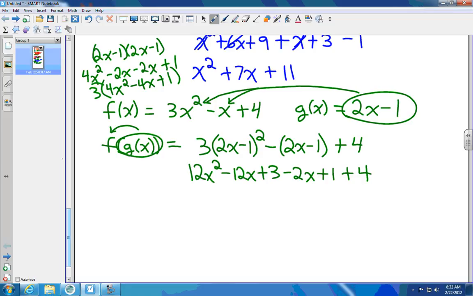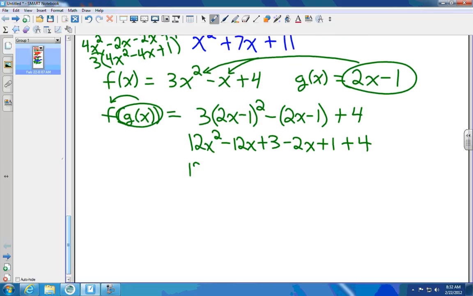Just make sure with that negative you do distribute that in there and change those signs. So we got negative 12 minus 2 again. And 3 plus 1 plus 4. What? 8.